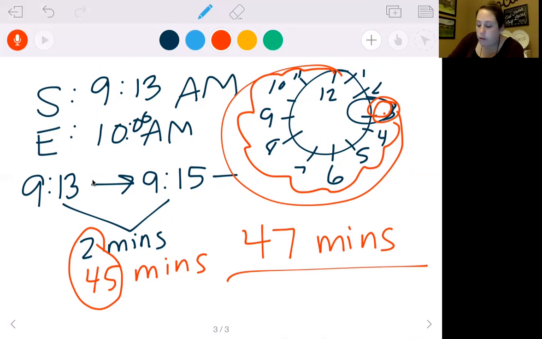Okay, so let's try another one. This time, let's go from 8:27 for start, and we're going to end at 8:53. So let me show you a different way to do this. Like I just told you, you want to get to 15 or 30 minutes. So from 8:27 to 8:30 is 3 minutes.